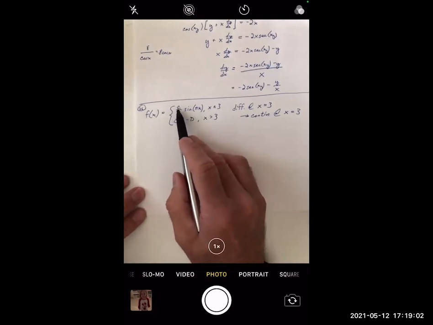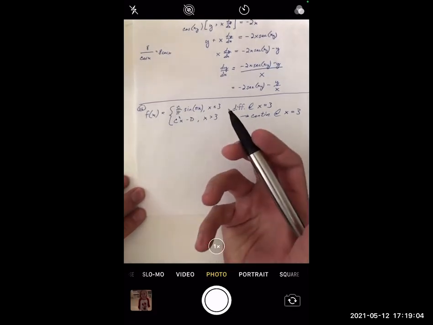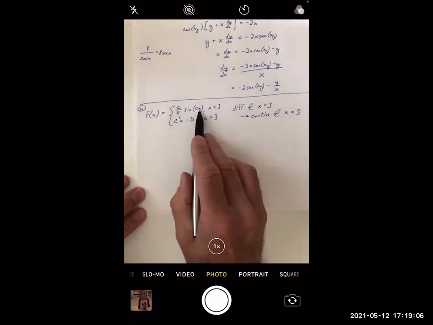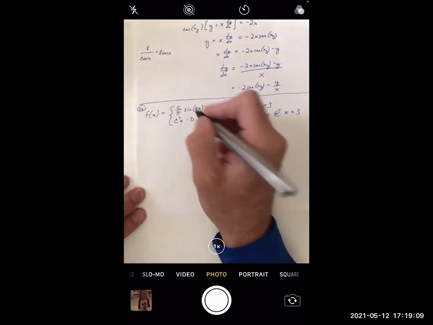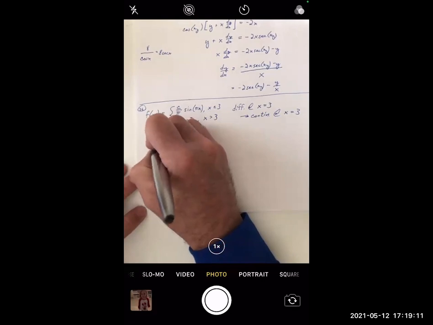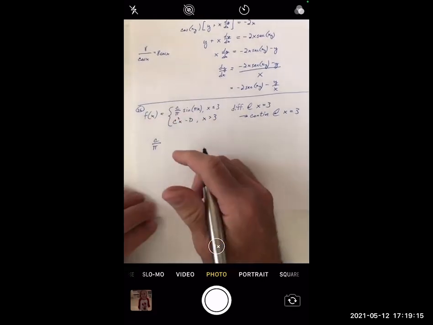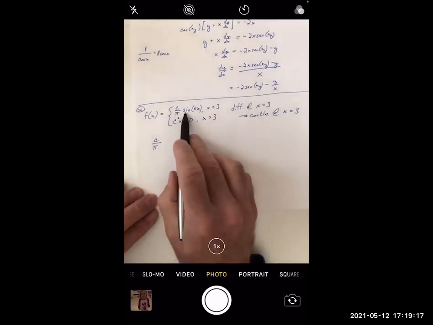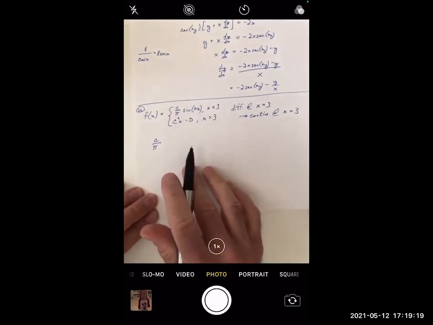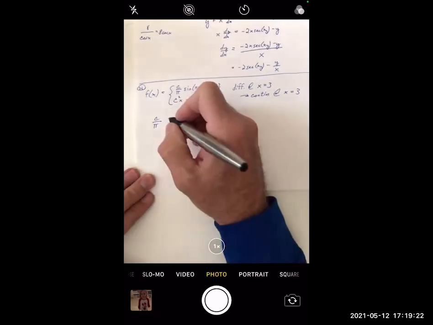Okay, so the c and the d are both constant, so the only variable in there is the x. So your c over pi just stays as it is. And then what's the derivative of sine? Cosine.